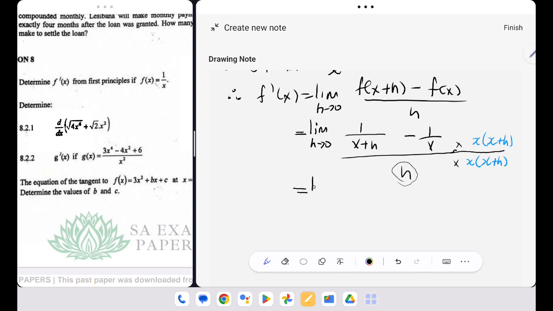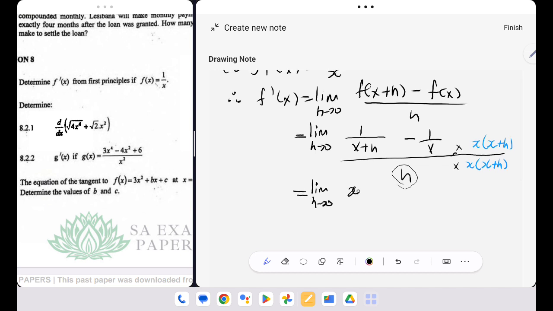So as I move forward, I'll have limit as h approaches 0. If I multiply 1 over x plus h with the LCD, the x plus h will cancel because this one is at the denominator, that one is the numerator. So I'll be left with x, and that x will multiply the 1.